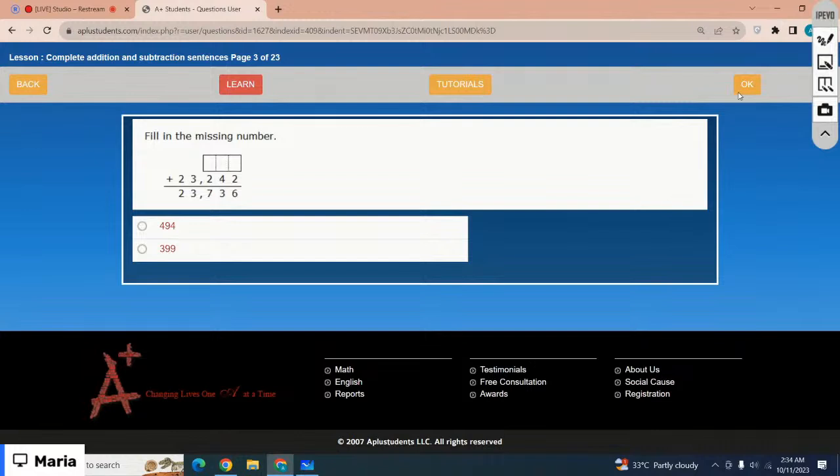Okay, the next one is fill in the missing number. So, which number is missing? Option 1 or option 2? A or B? Which is the correct option?